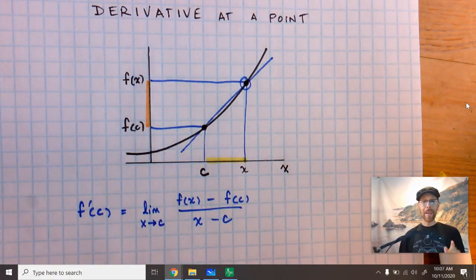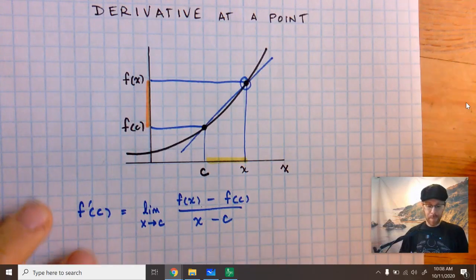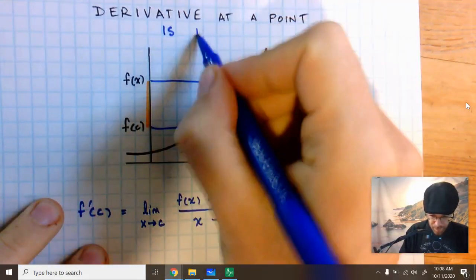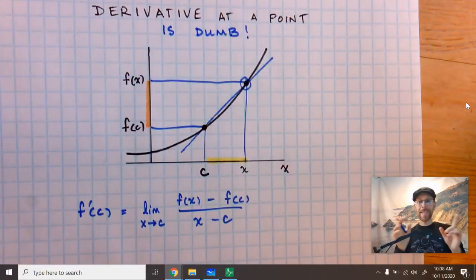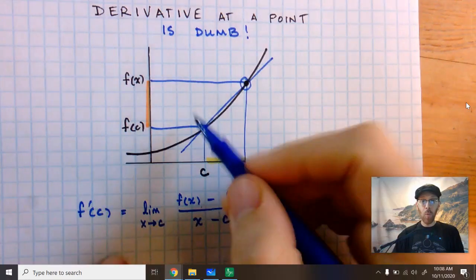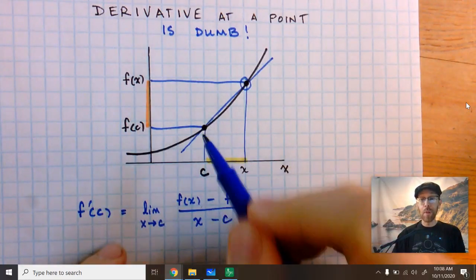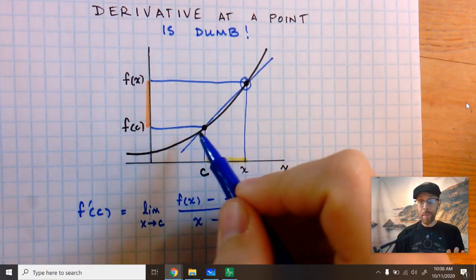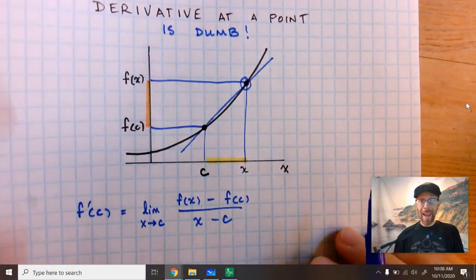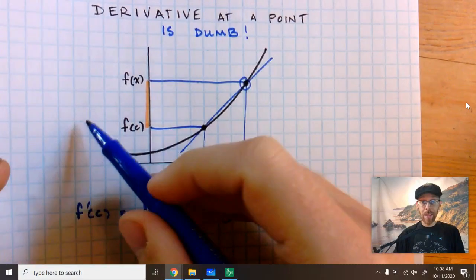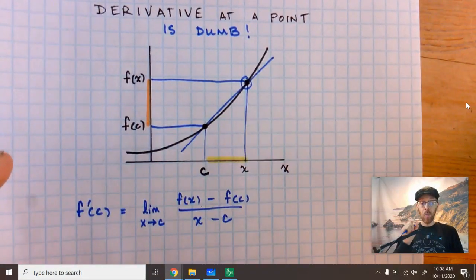Now, I would say that this way of finding derivatives is dumb. And the reason I say this is dumb is because it only gives us the derivative at one single stinking place, right? So today, I'm going to show you a way to find the derivative at every single point on the entire curve all at once.